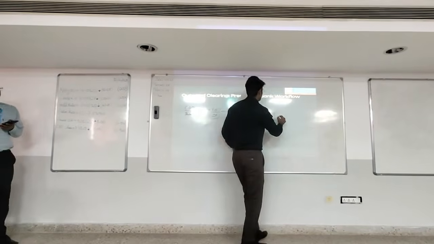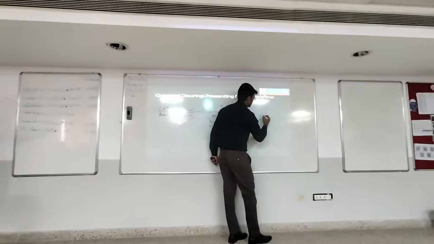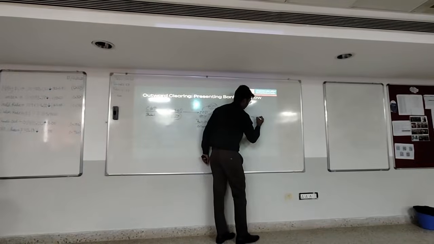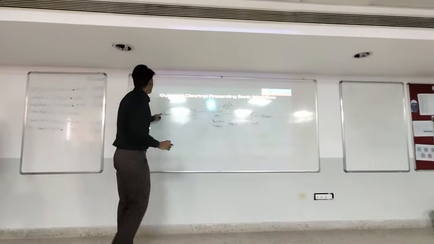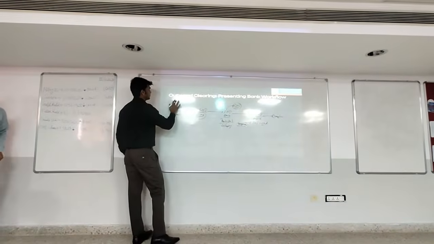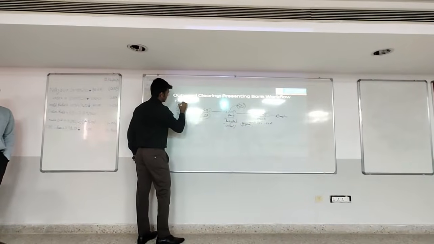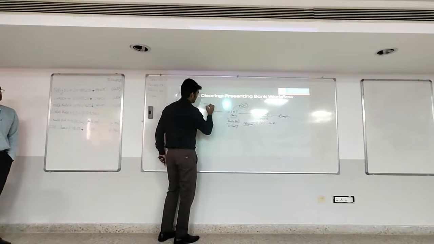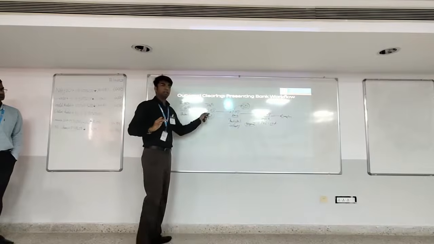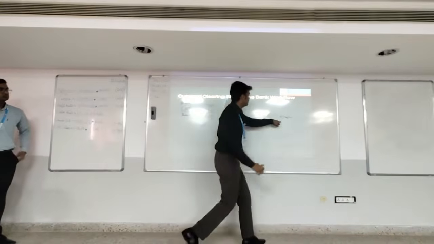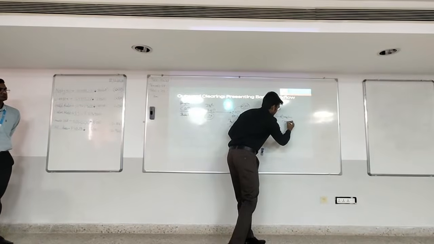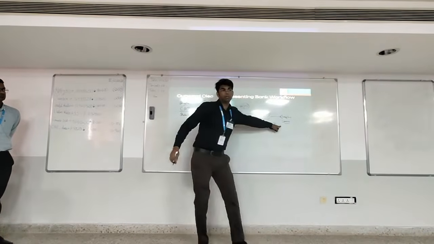Now from the CHI it will go to the home grid. Like for CBI, suppose this is in Bengaluru or this is in Delhi. So for this the home grid will be in Chennai, for the southern region.